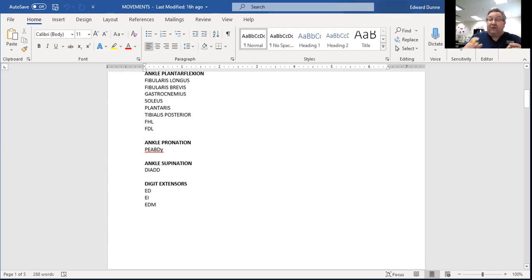So if you know that gastroc and soleus are the major plantar flexors, and you know the Tom, Dick, and Harry muscles are plantar flexors, then you know 5 of the plantar flexors. That's really all you're going to need for the plantar flexors. All right, so again, plantar flexors pushing the toes downwards into the ground.